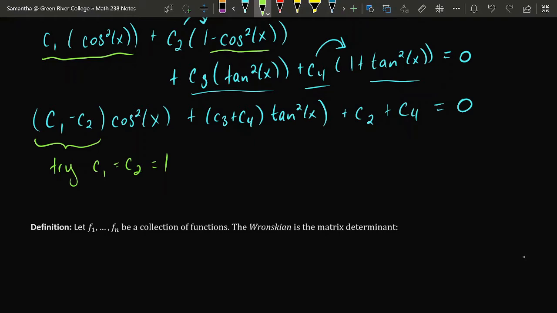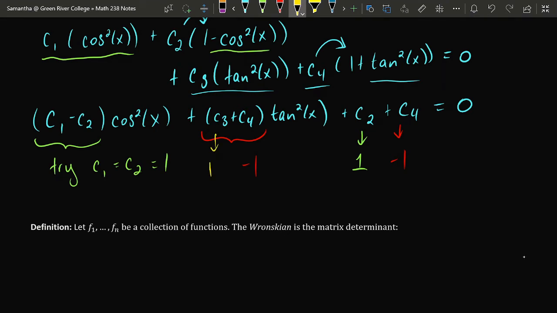Now, as soon as C1 equals C2 equals 1, then this C2 term also must become 1. So that's going to force C4 to be negative 1 to cancel with this positive 1, which C2 is now equal to. Now, if I want to annihilate the tangent squared term, since C4 is equal to negative 1, that should force C3 to be equal to positive 1.